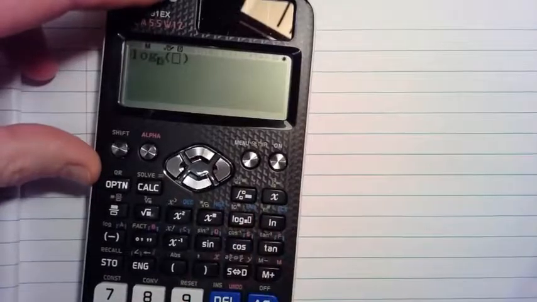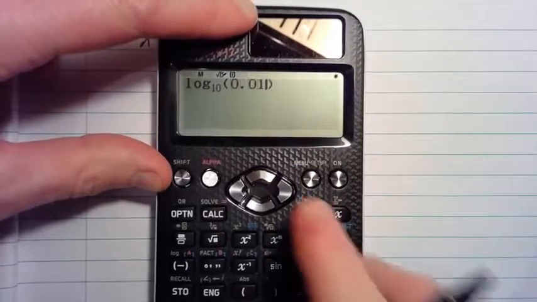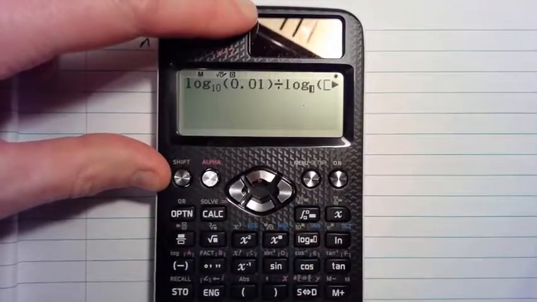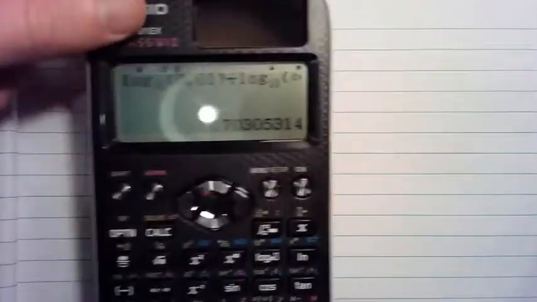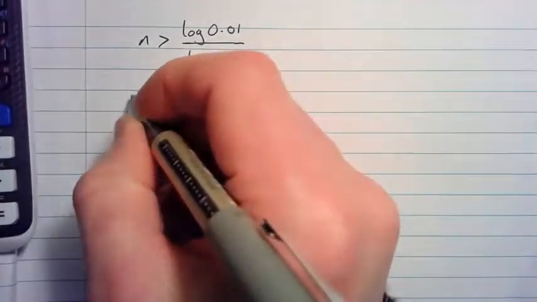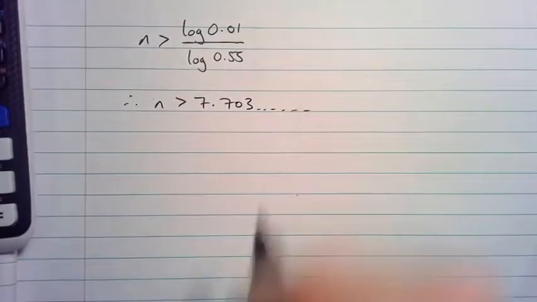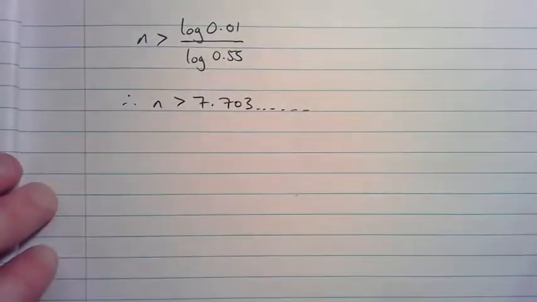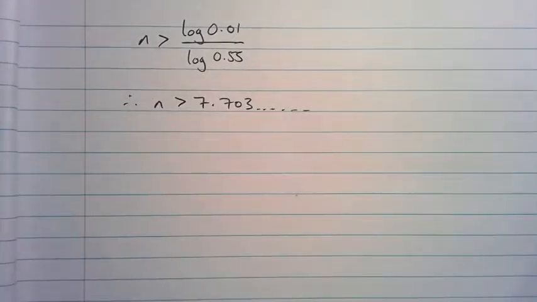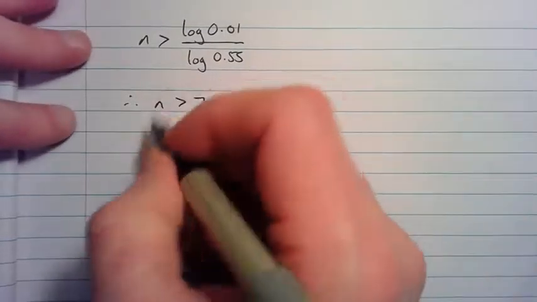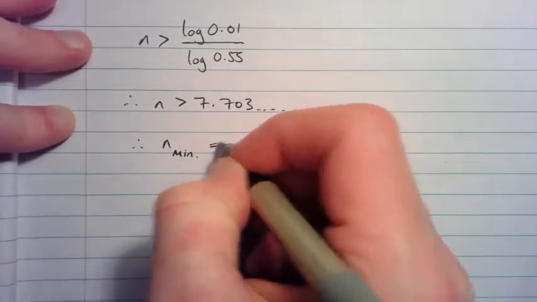So log base 10 of 0.01 divided by log base 10 of 0.55. 7.70... Okay, so we're looking for the smallest value of n for which the null hypothesis is rejected. So therefore the smallest value of n, n min, will equal 8.